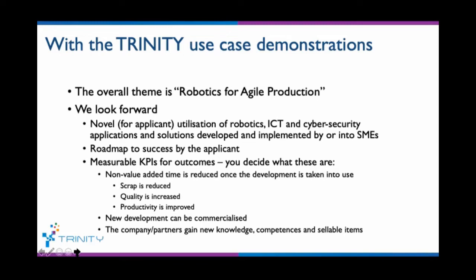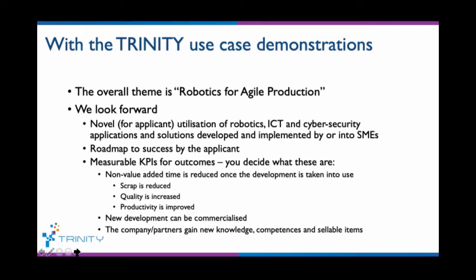In order to be successful in the application phase, you have to have a roadmap to success. As a company, you have to have a vision and a roadmap for how you are planning to get to that vision of selling new goods, increasing agility, or lowering costs in your production. For the application itself, there have to be measurable KPIs defining how you determine that your outcome is successful.